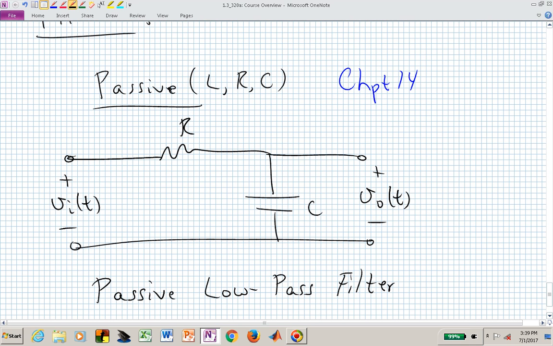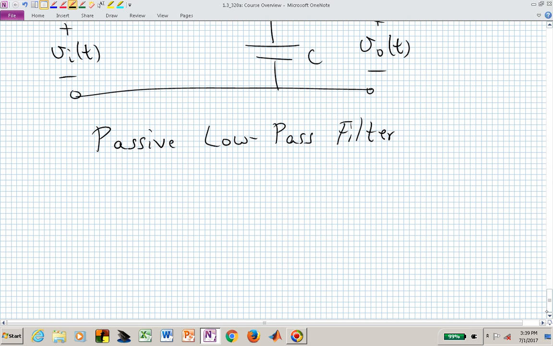And now that we have the tools of our Laplace transforms and transfer functions, we can find the transfer function between V sub I and V sub O, or we will now be able to determine how to design such a transfer function and relate that or connect that to this physical circuit of an RC system.